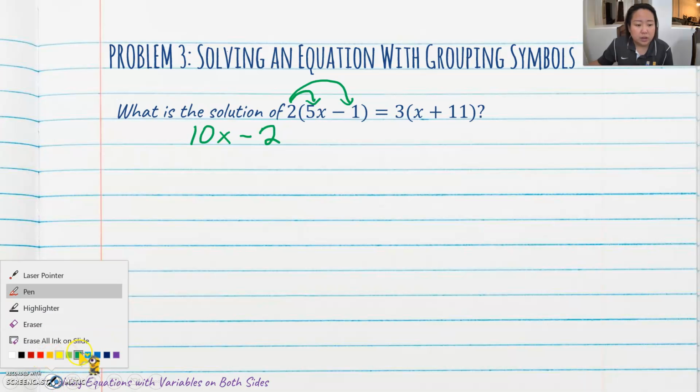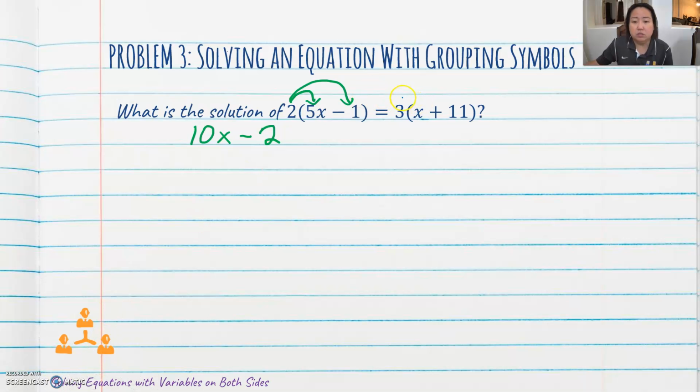That will now be equal to, so let's do the distribution, 3 times x, that would be 3x. And then you will also have 3 and 11, that will now become 33. So as you can see, we have our equation, and we have the variables on both sides of the equation.